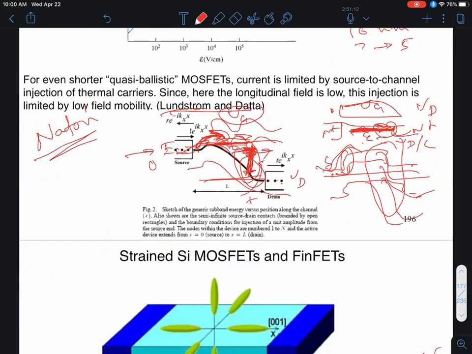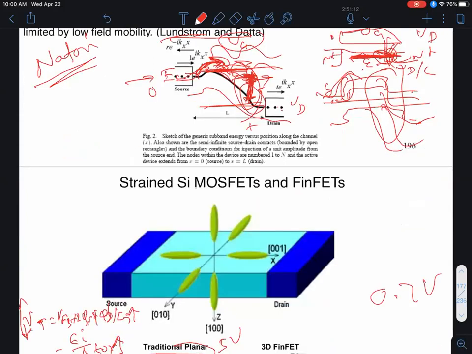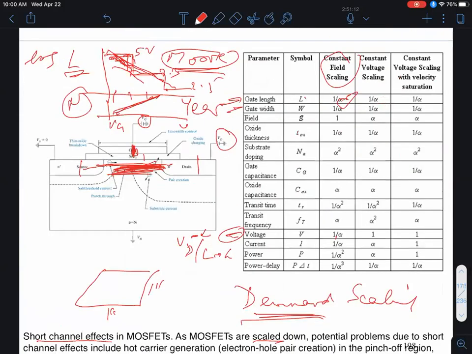The other thing that can happen is that highly energetic electrons can be injected across the oxide barrier. If I look in this direction, I have a potential energy barrier between the conduction band of silicon and the conduction band of oxide. These hot electrons can surmount the barrier and give rise to what are called hot electron problems. Those are the kinds of things I'm showing here.